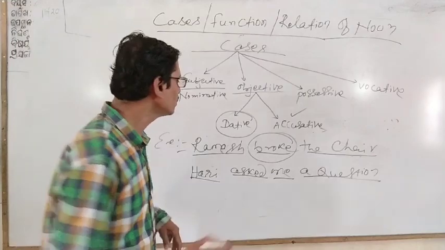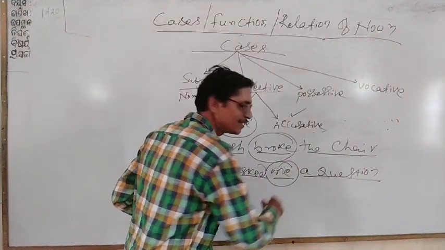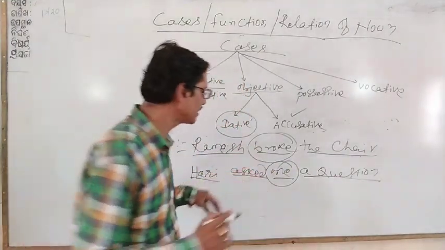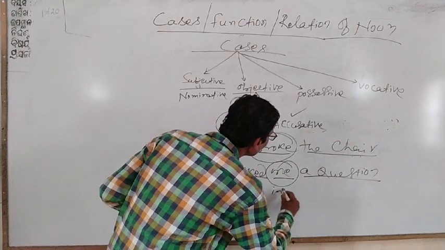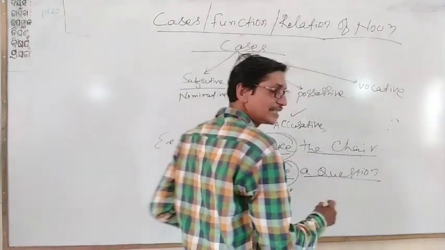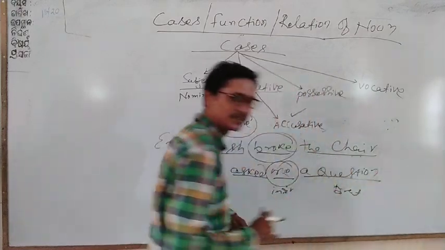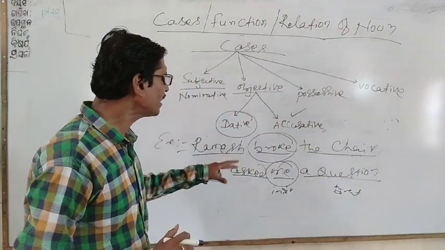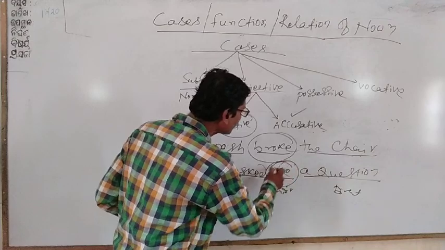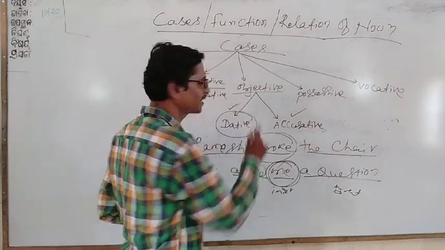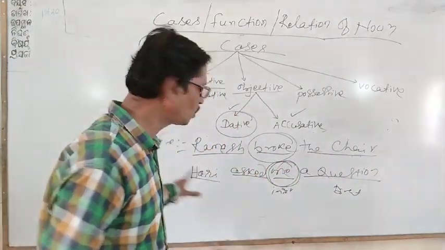As I have told you, here me, which is a person, a living thing, is an indirect object, and question is a non-living thing, it is called a direct object. So this indirect object is otherwise called dative object, as I have told you.